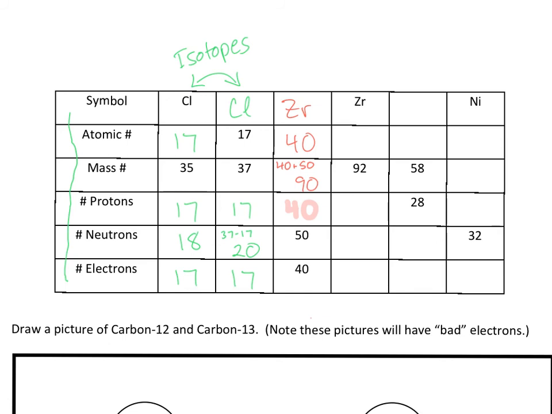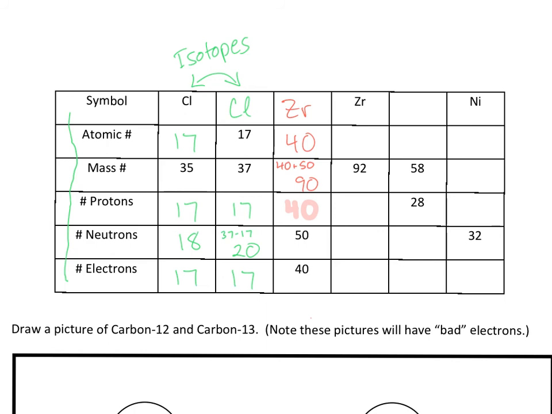Okay, look at my next column. It's already got zircon on there. I can't believe I was just goofing and calling that zircon. Zircon is derived from zirconium, but zirconium is the element, so apologies in advance.